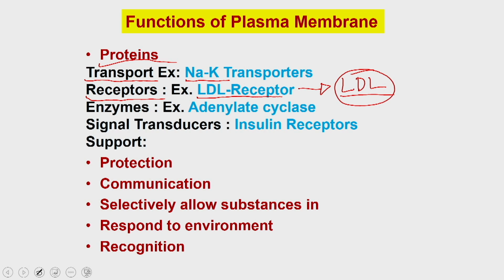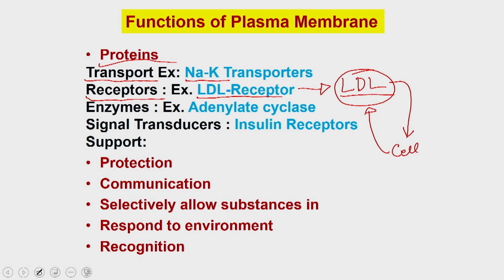What is the LDL receptor doing? It catches the LDL present in the microenvironment and puts it into the cell, and once this is done, the LDL receptor returns to the plasma membrane, and this cycle continues for several rounds, and that is how the cell takes up the LDL present in the extracellular media.